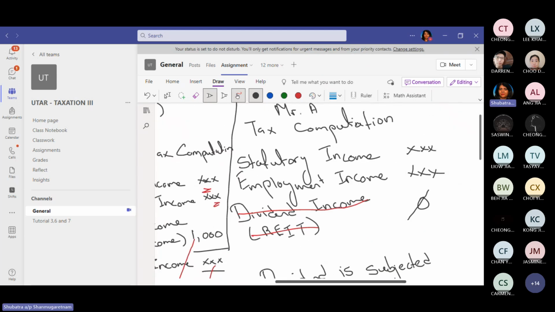However, when it's subjected to withholding tax and it's a final tax, it's out of scope. That means it doesn't come into your income tax computation at all.